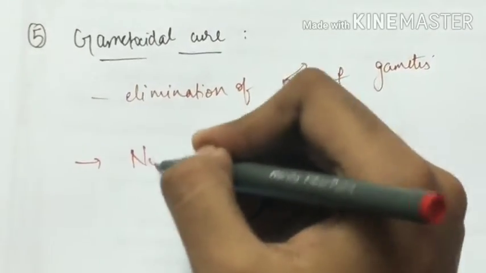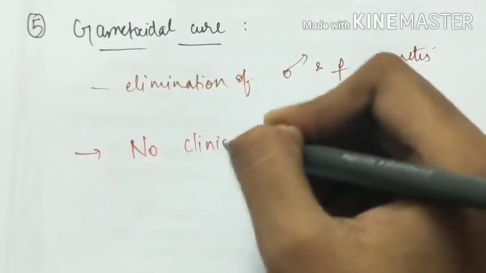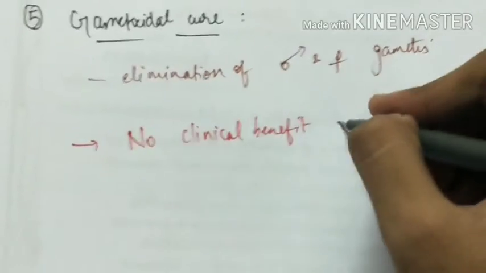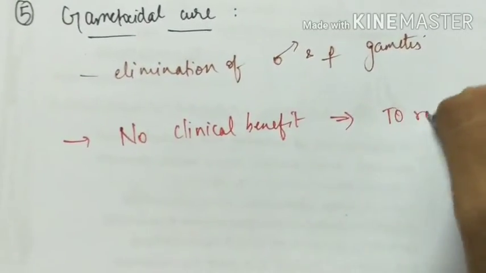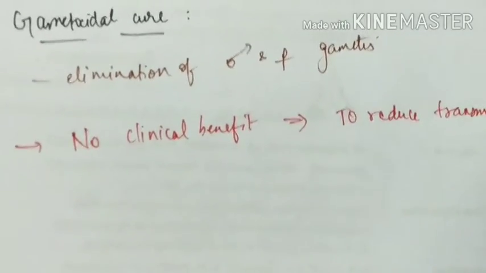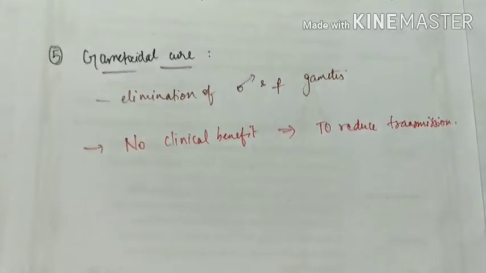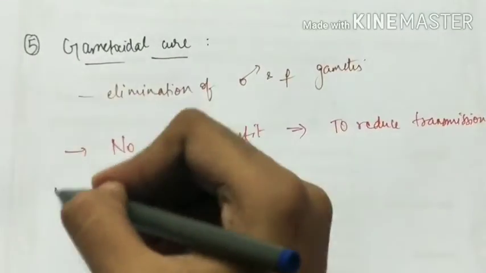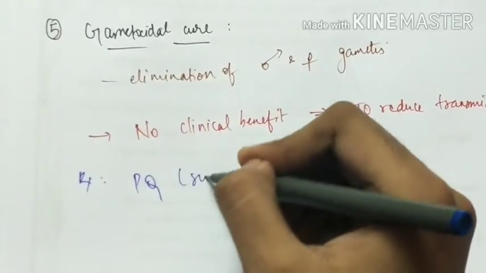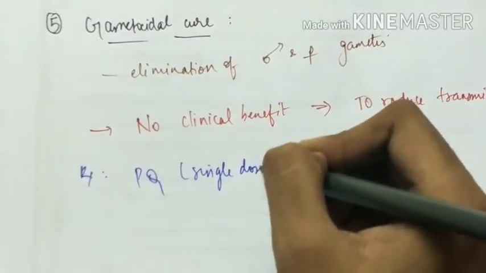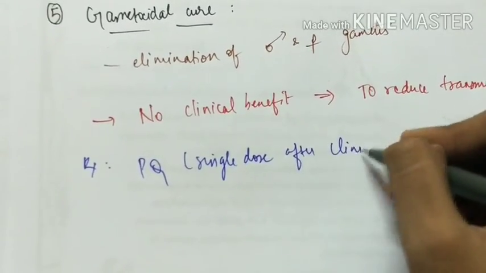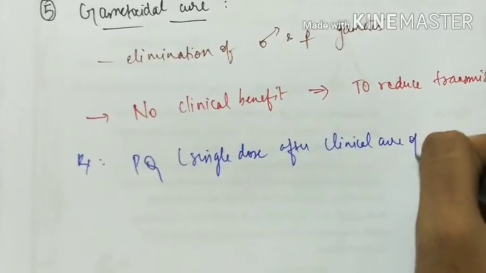No clinical benefit is seen here, but this is done to reduce the transmission of disease. The drug used for this is primaquine, single dose after clinical cure of falciparum.